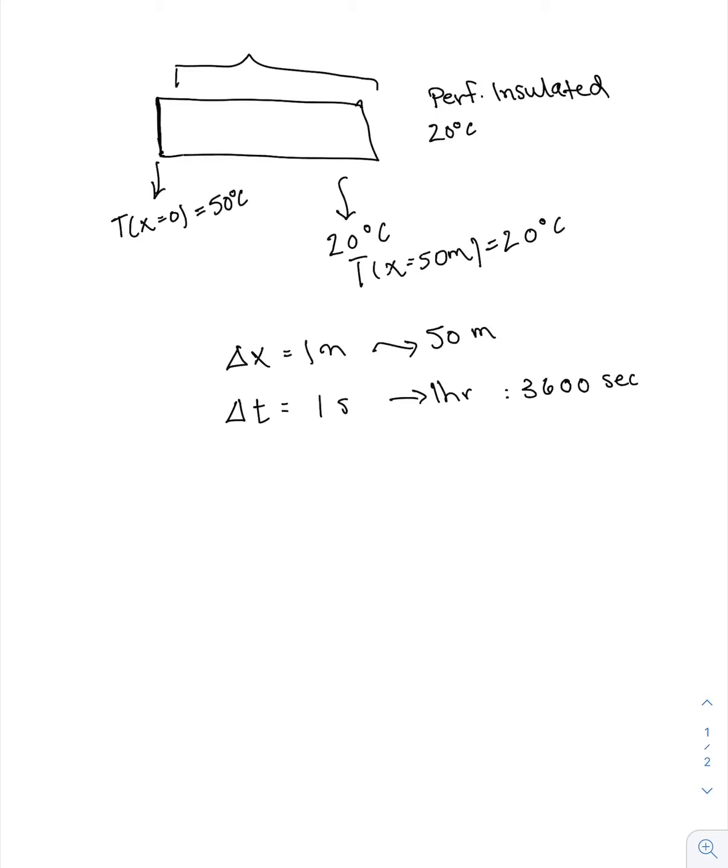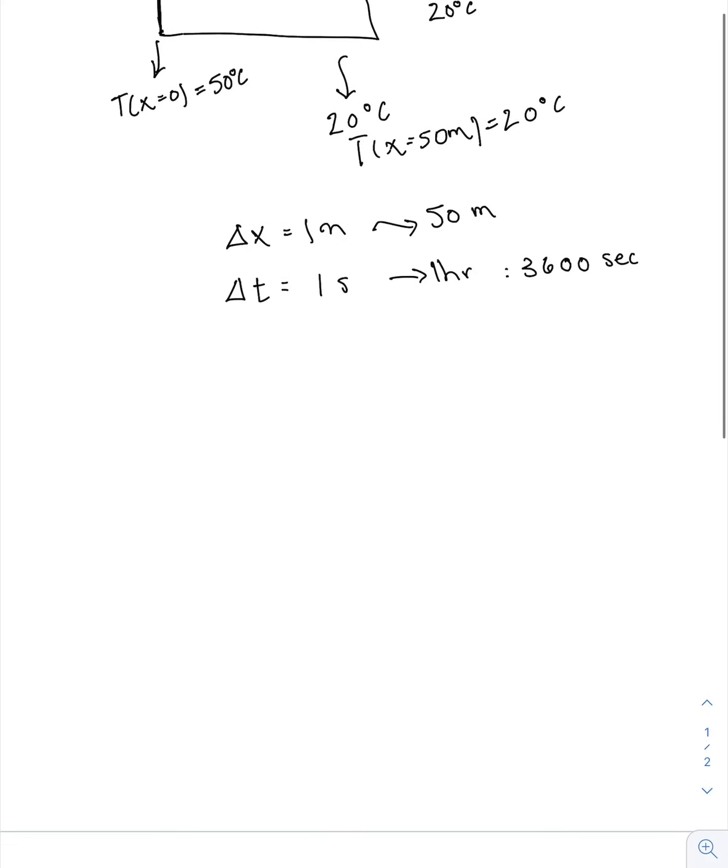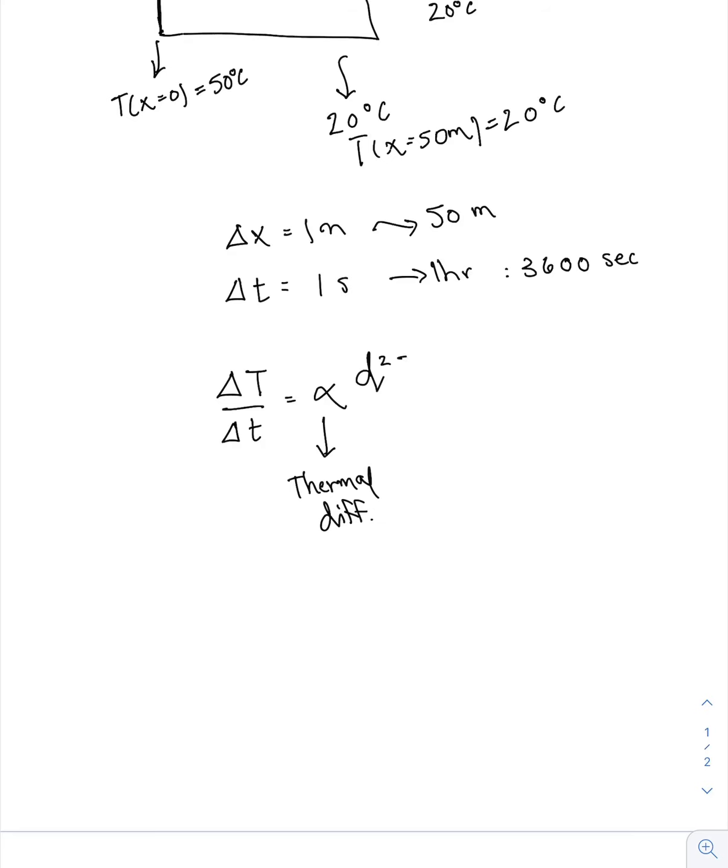And so using the Crank-Nicolson method, we're going to start by setting up equations for the average of the previous and the following temperatures. We can write here that the change in temperature over time is related to the thermal diffusivity, alpha. This thermal diffusivity is related to the rate of change in temperature of the bar, and that's related to the second derivative of the temperature over position squared.